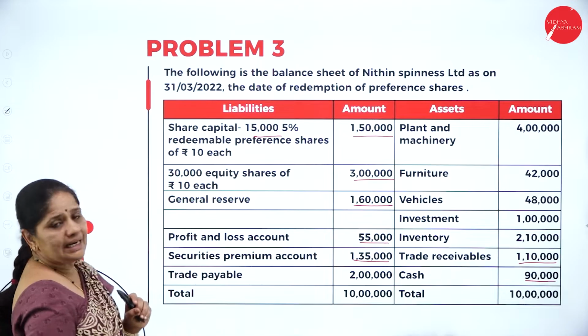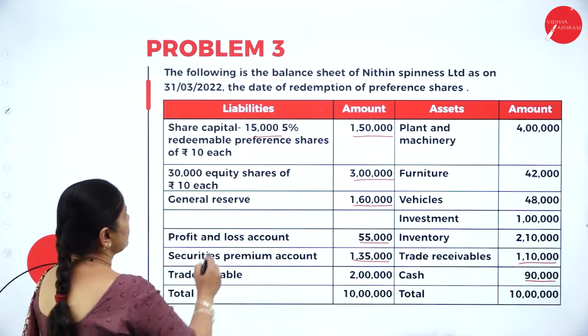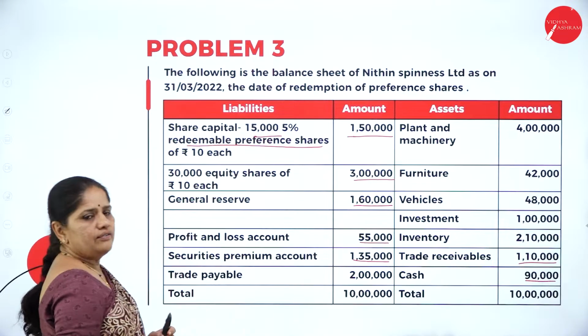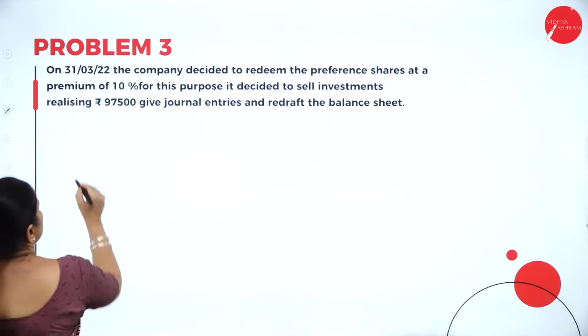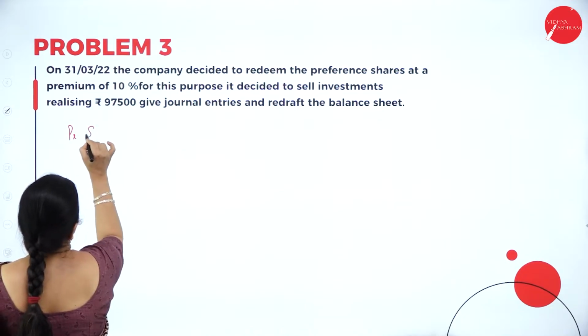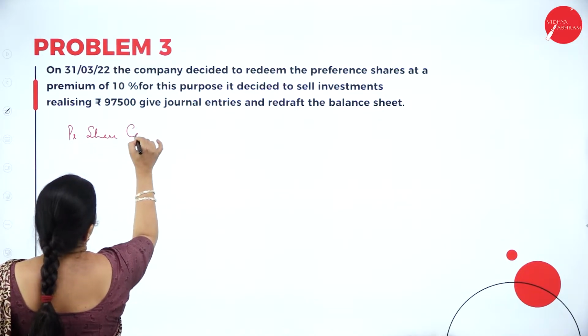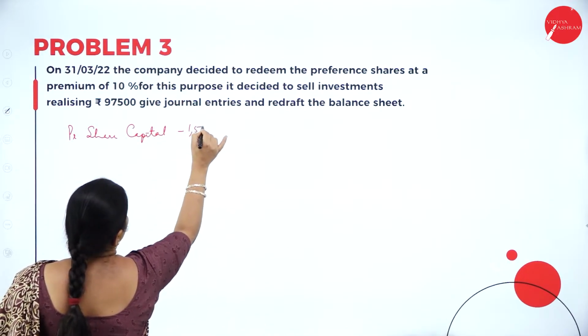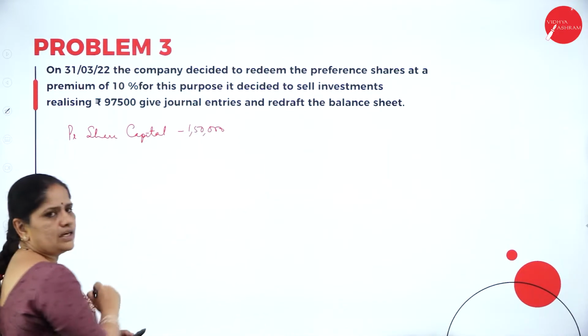Now, what do we make a note of? We have to make a note of this preference share capital. So what is the preference share capital given? 1,50,000.